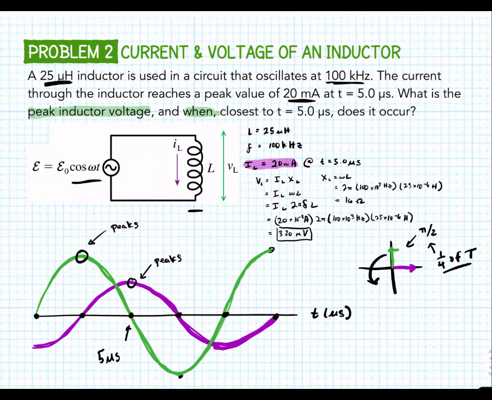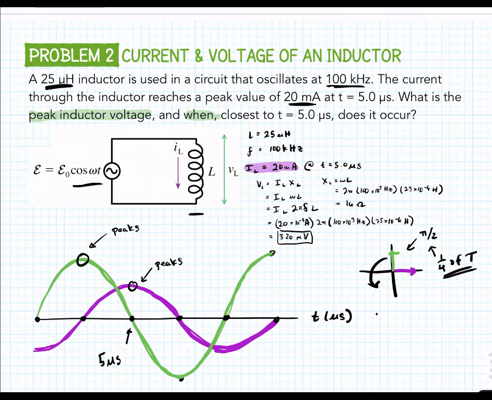If you know that this is the phase difference between your voltage and your current, that means this is equal to 1/4 of the period. All right? It's just pi over 2 divided by 2 pi. So, what's the period? 1 over frequency. Yeah, it's 1 over the frequency. And we know the frequency. Yes.